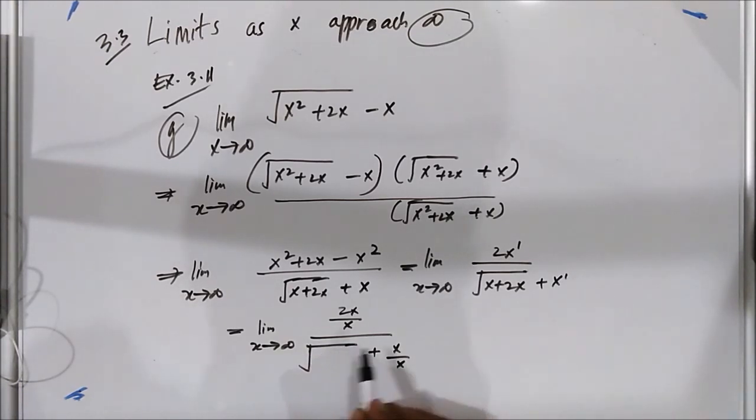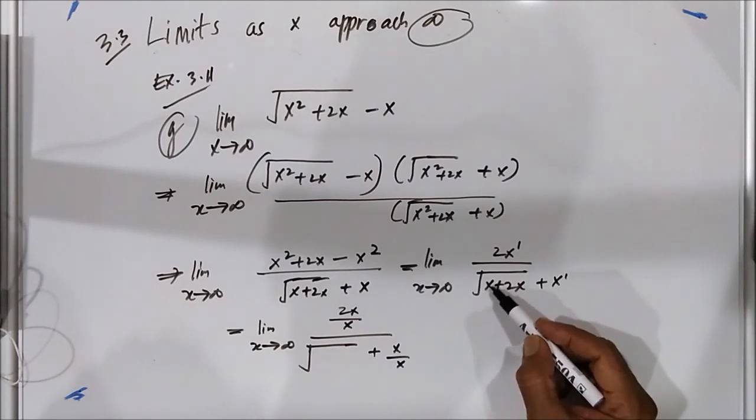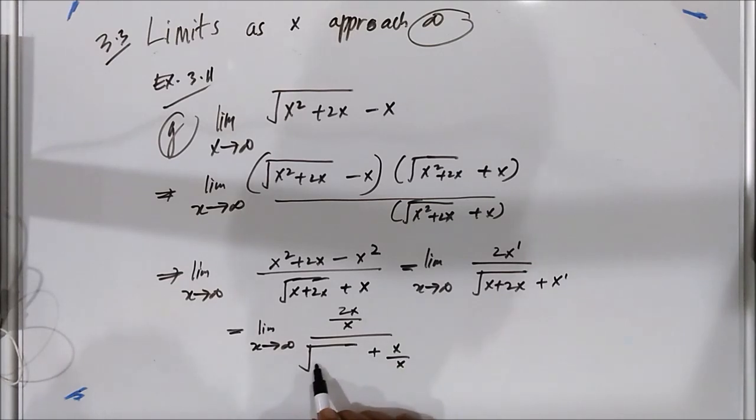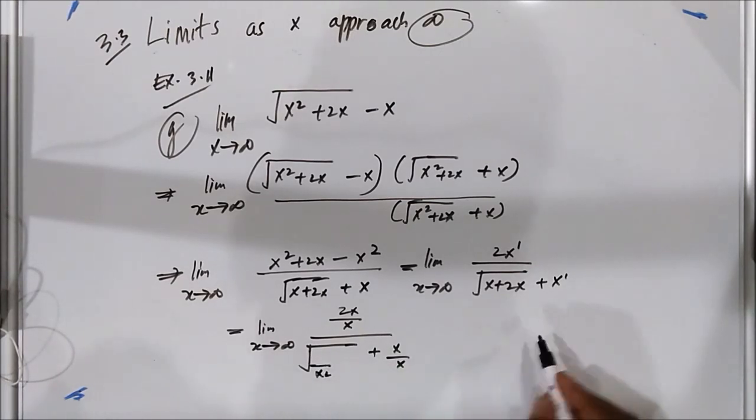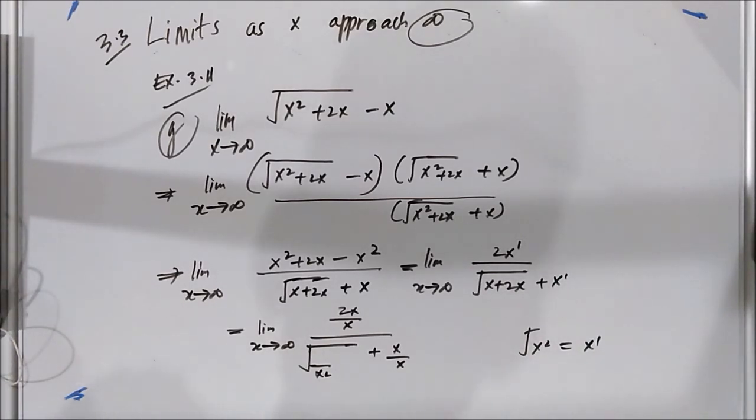Because here is a square root, if I divide by x raised 1, meaning I divide by x raised half, I have to divide by x raised 2 inside the root. Because the square root of x raised 2 is equal to x raised 1. So I divide by x raised 2.